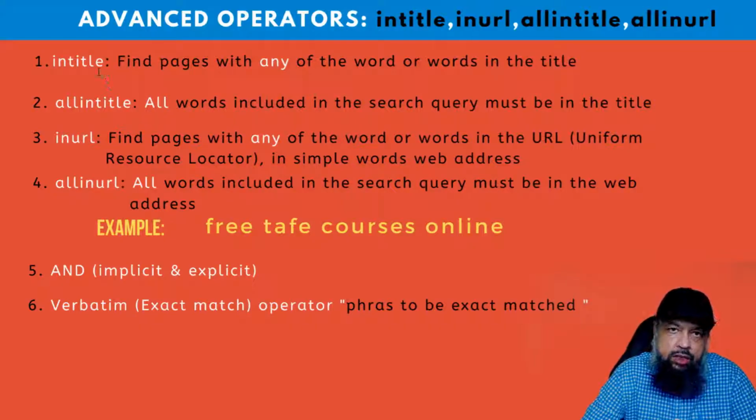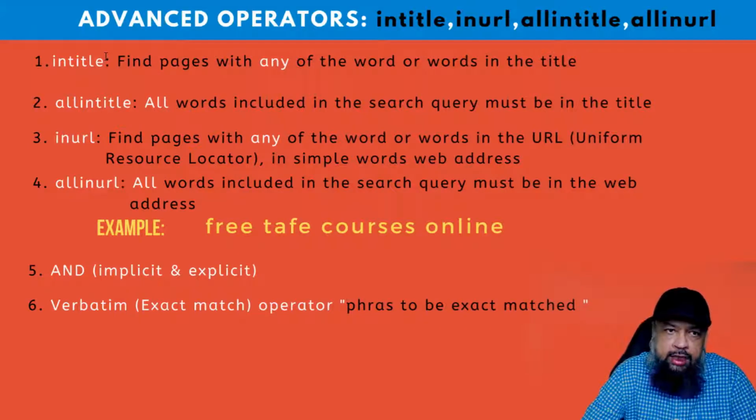Intitle is an advanced Google search operator, and I will show you how to use it. Google will find all the web pages in which any of the words you have put in your search query is present, even if only one word, or 2 words, or 3 words are present.